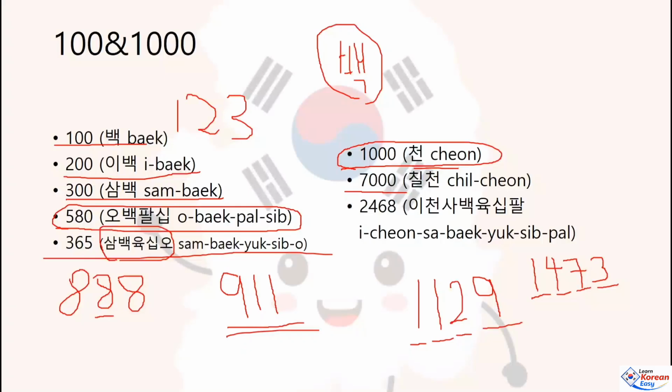Let's do a short quiz. I will call out a number in Korean, so I want you to write it down and see if it's right. First one is 2,323.